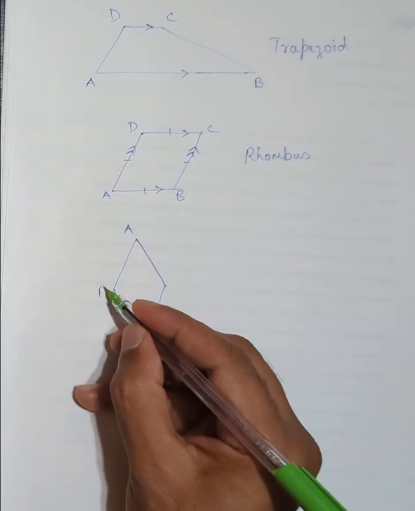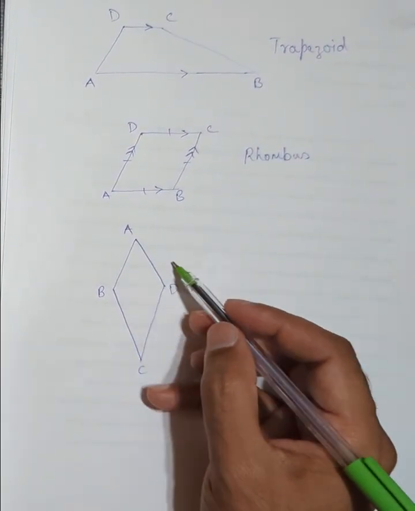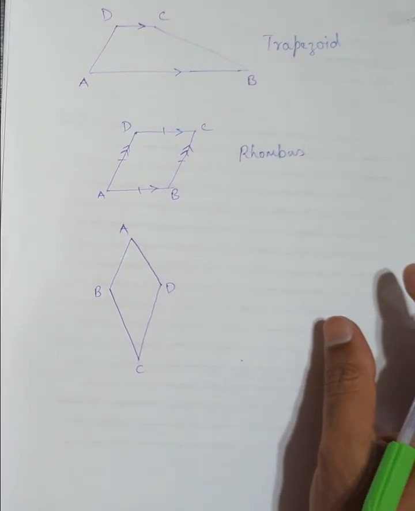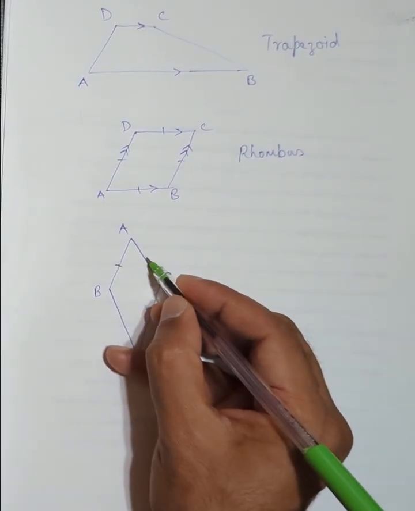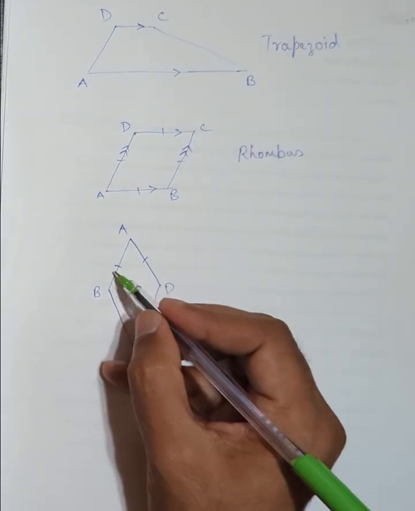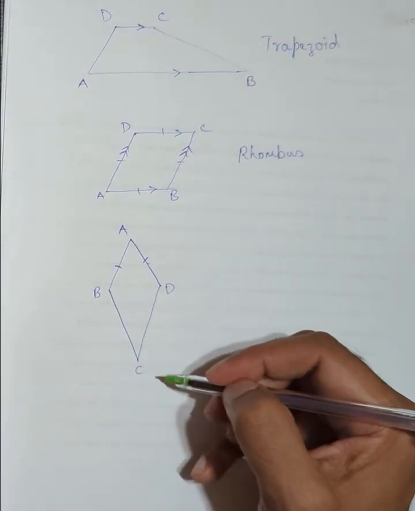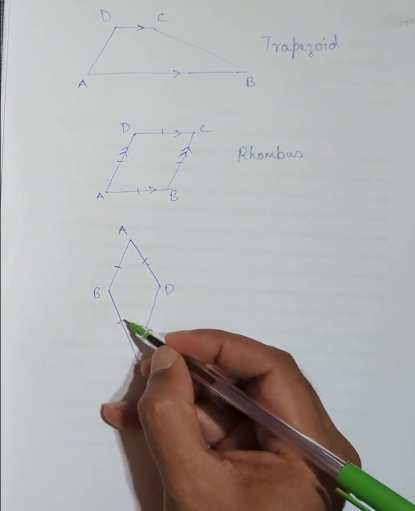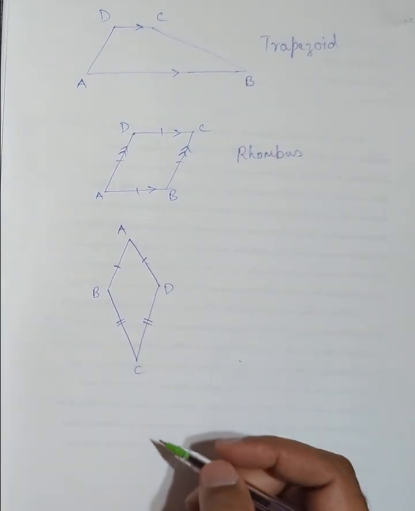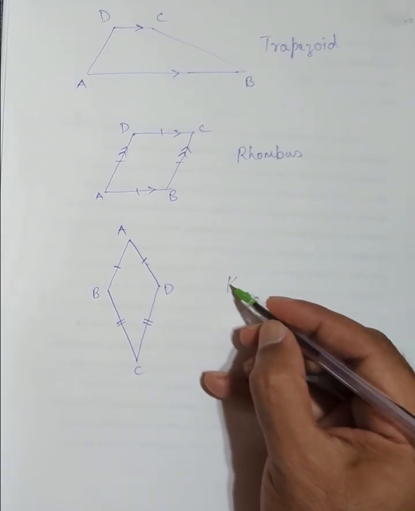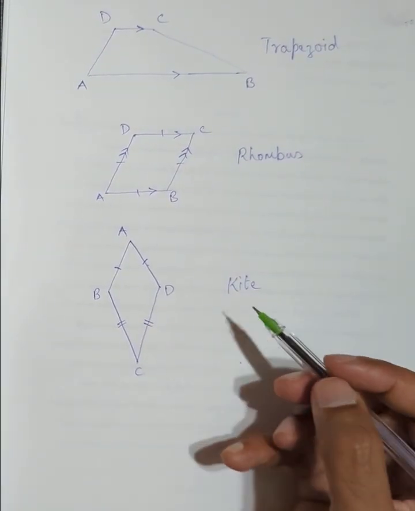And for here, let's say A, B, C, D. So notice AB and AD, they are right next to each other. Sides like that are called adjacent sides. And what I have done is I have drawn them equal to each other. So I'm going to use single tick marks. And similarly, BC and CD are adjacent sides and they are equal in length. And this shape is called a kite because it resembles a kite.